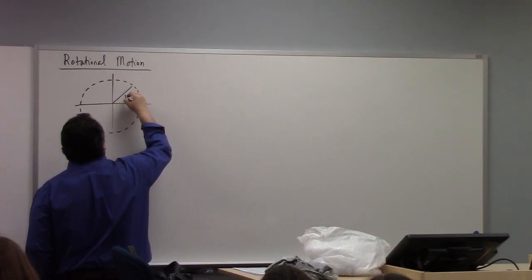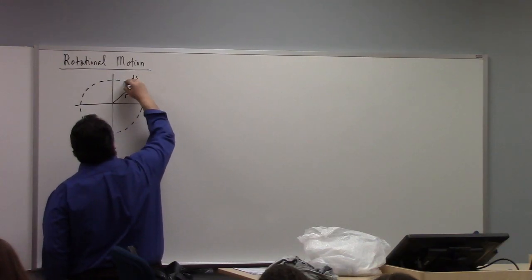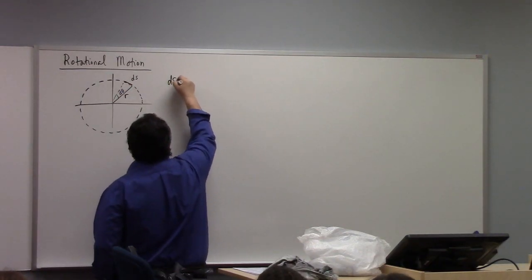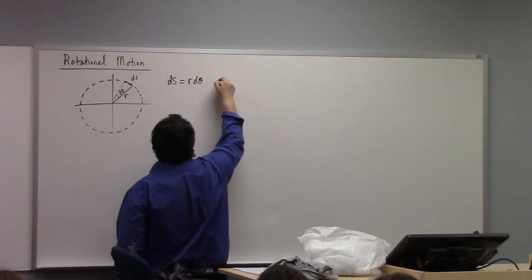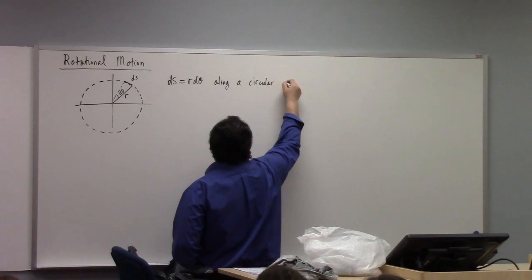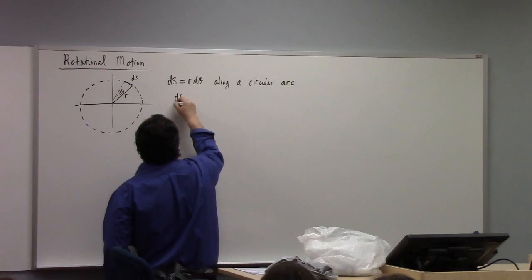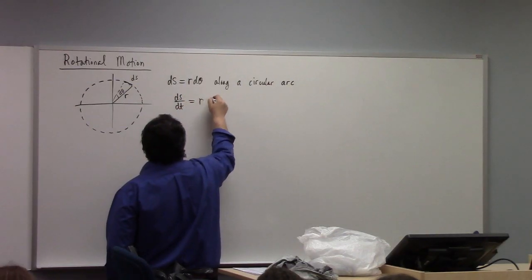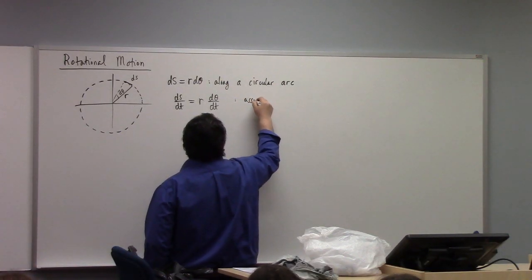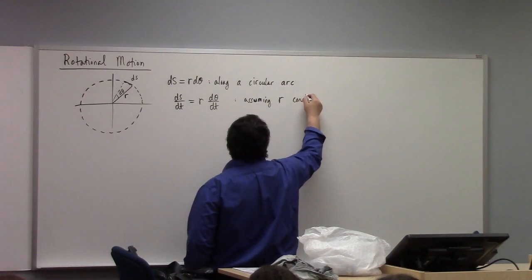If we have radius r and we go over a little ds here, corresponding to a little d theta there, the situation is that ds is equal to r d theta along a circular arc, right? So this tells me, among other things, that ds dt is equal to r times d theta dt, assuming what? r is constant, yeah?